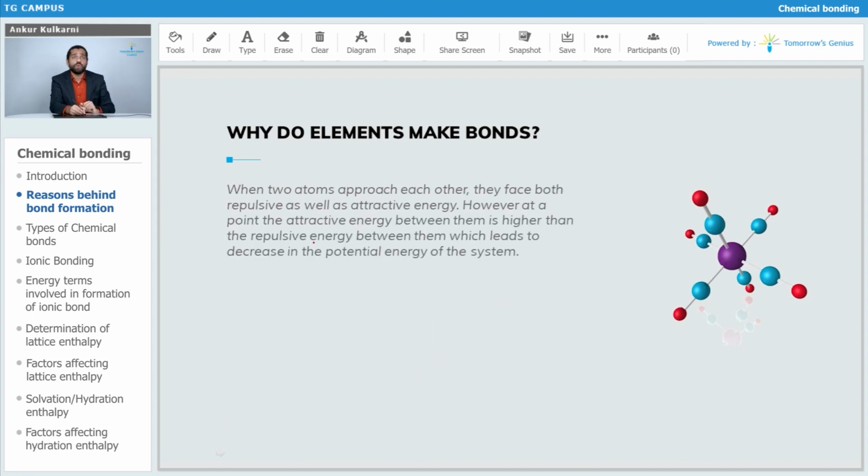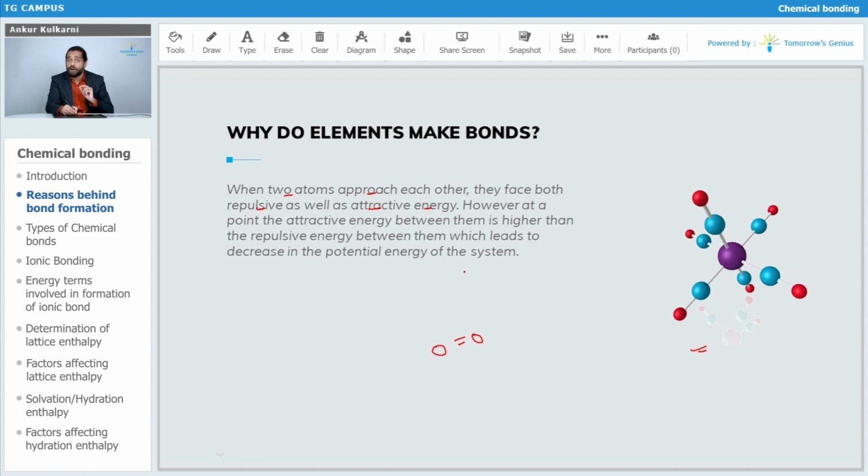Now let's move ahead. When two atoms, as you can see on the screen in the diagram, approach each other, obviously they will face both repulsive as well as attractive energy. Why? Because there is attractive energy to form a bond and repulsive energy because of the presence of electrons, correct?